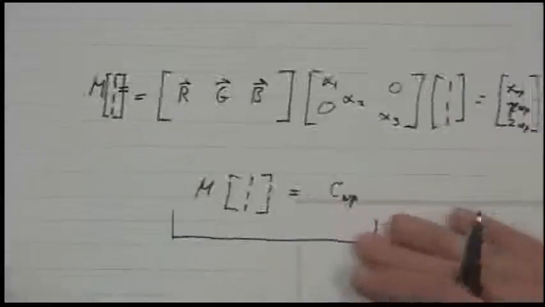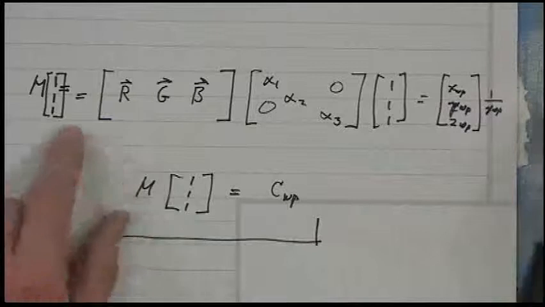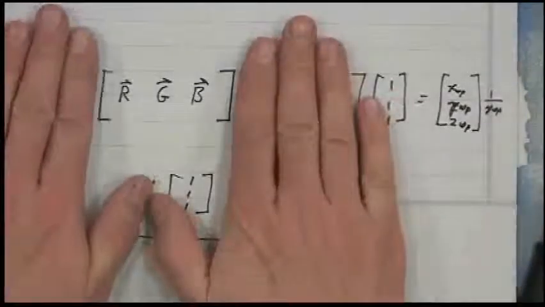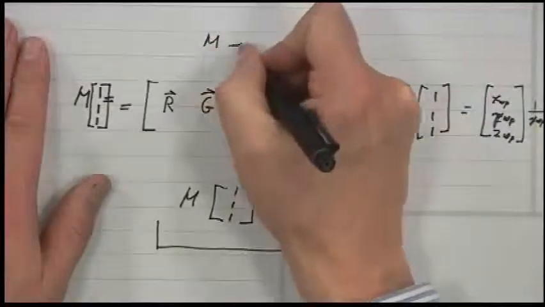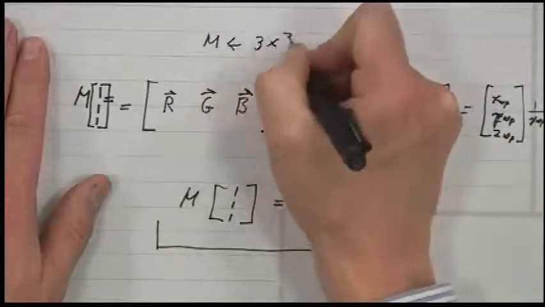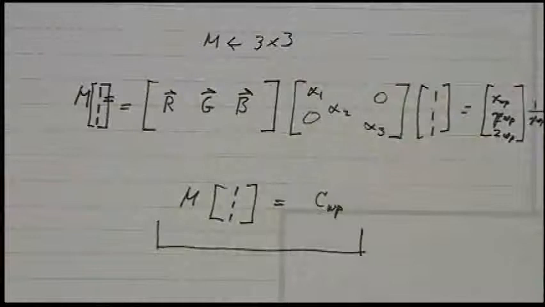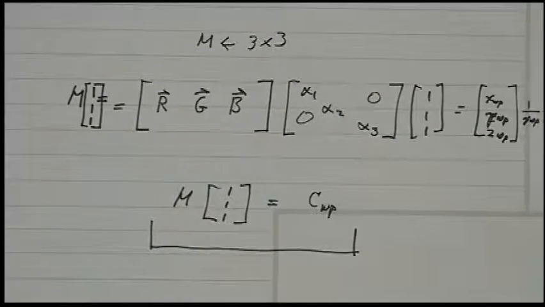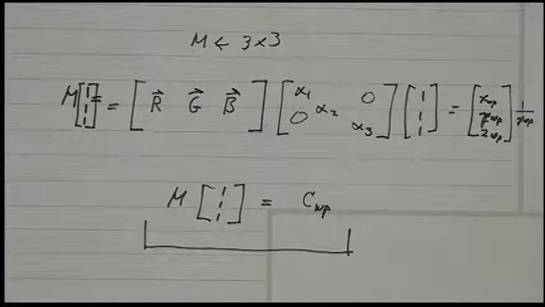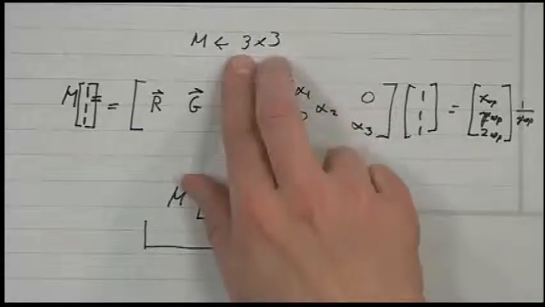So basically, one way of looking at it is this. A transformation matrix, M here, is a 3 by 3 matrix, right? So how many unknowns are there in a 3 by 3 matrix? Is anybody awake? 9. Okay, because there are 9 numbers in here, right?